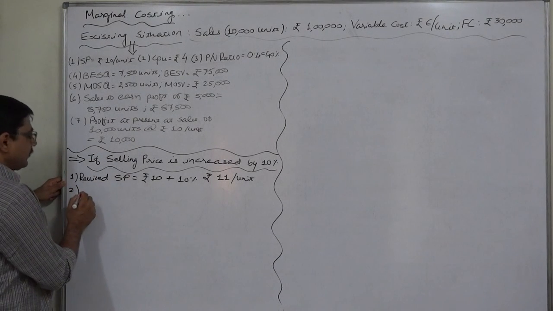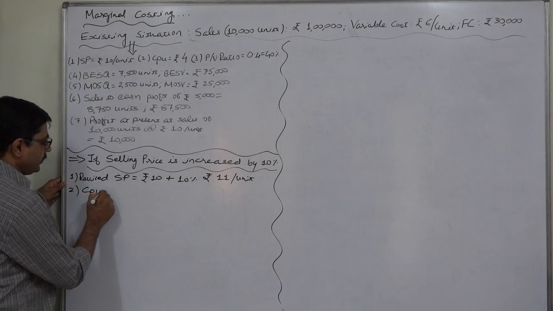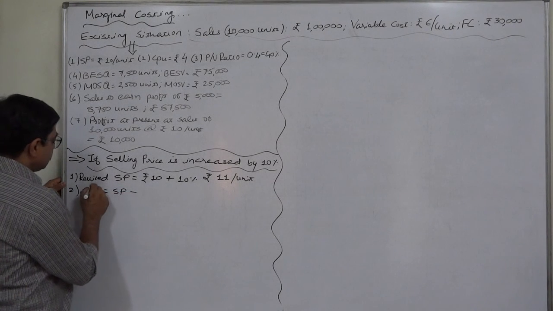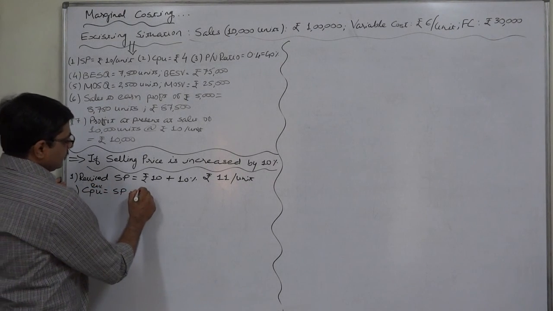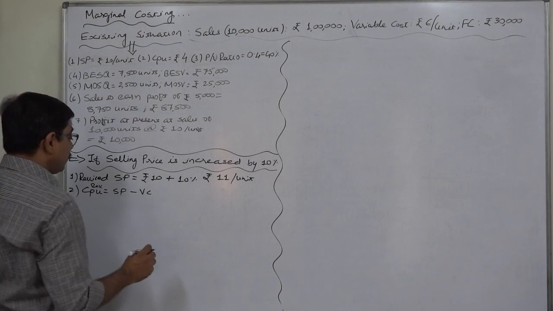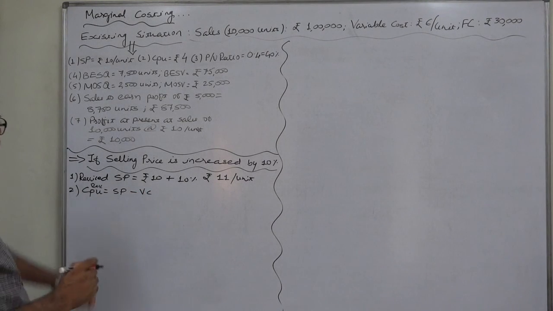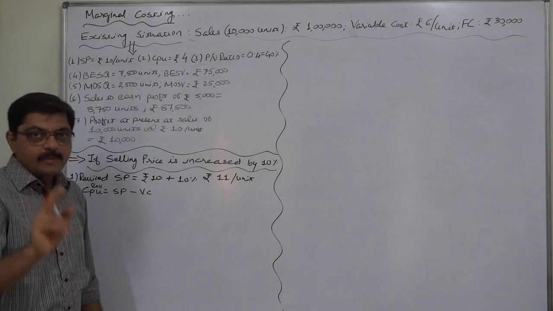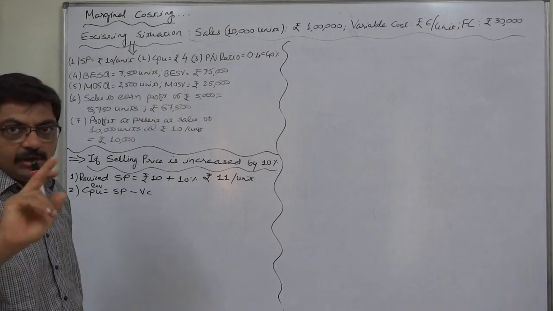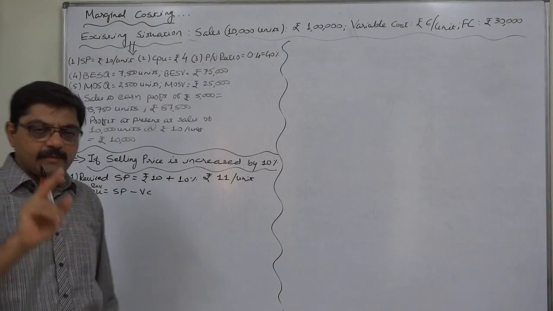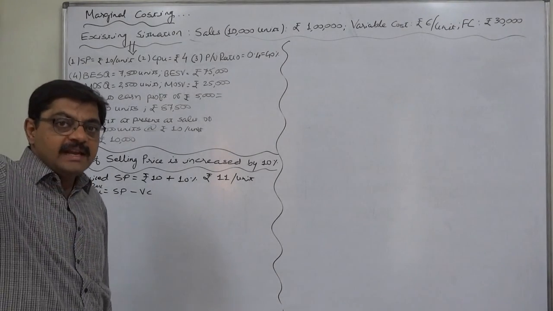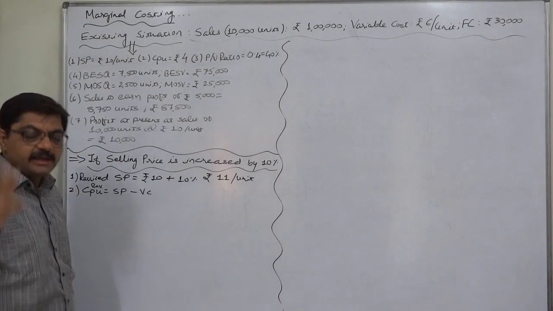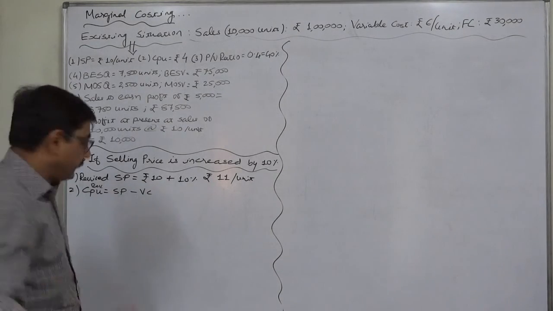That will change the contribution per unit, because contribution is selling price minus variable cost. Since there is no change in variable cost, the increase in selling price will not affect the variable cost, because the variable cost is determined by external forces, not the internal forces of the firm.